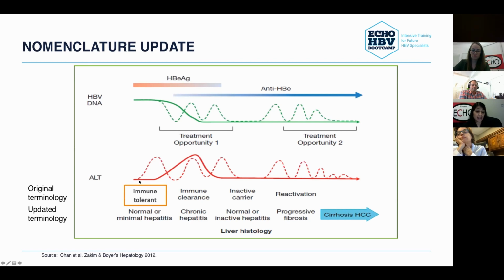But that's the classic phase description, and unfortunately not all our patients meet these descriptions. But the ALT typically will be normal, and this is characterized from a liver standpoint as not having significant fibrosis or liver disease at that point.